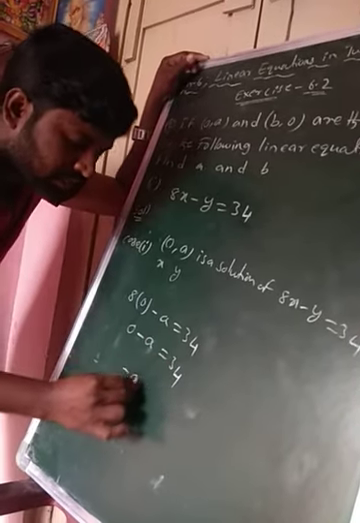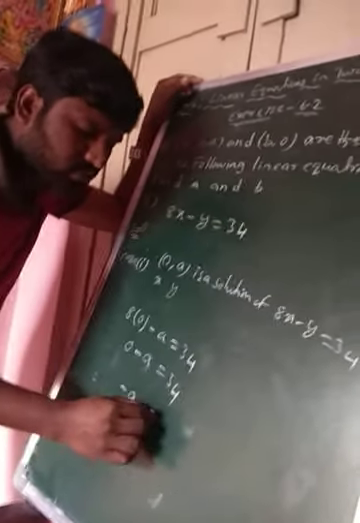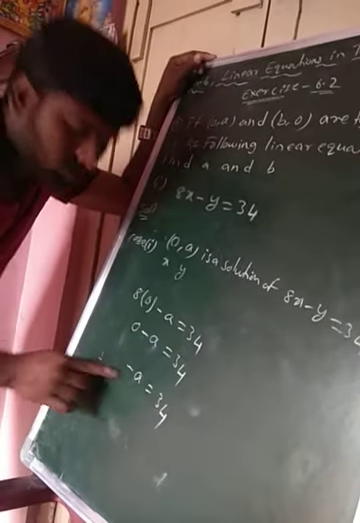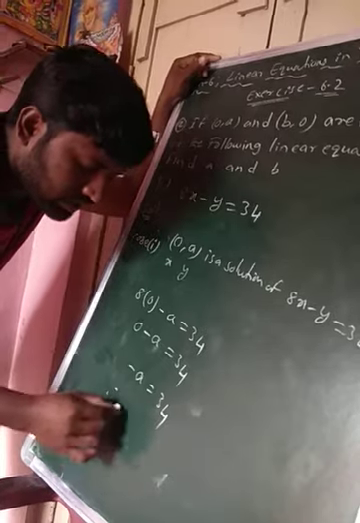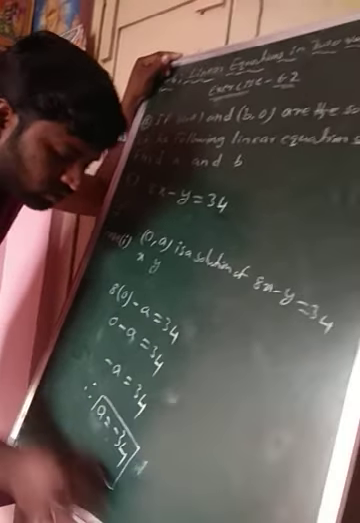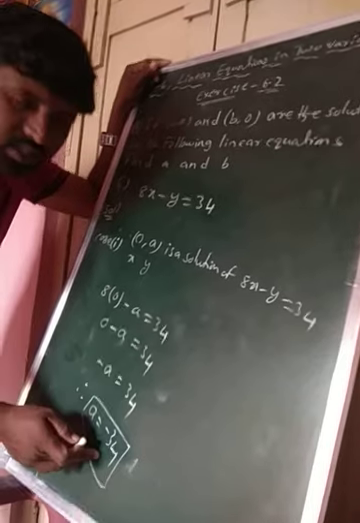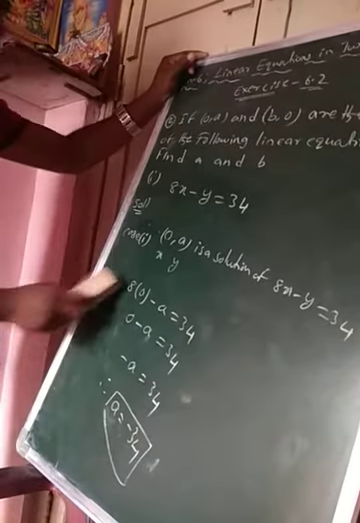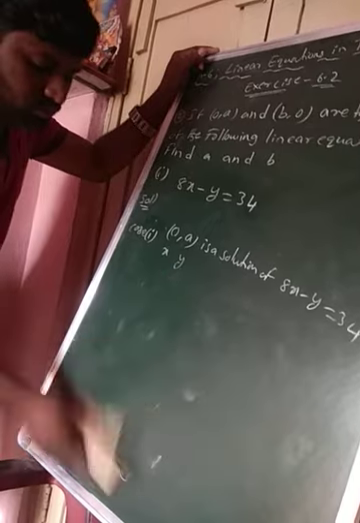Simply minus a equals 34. 0 minus a is minus a. So therefore we can write a equals minus 34. The value of a is minus 34.